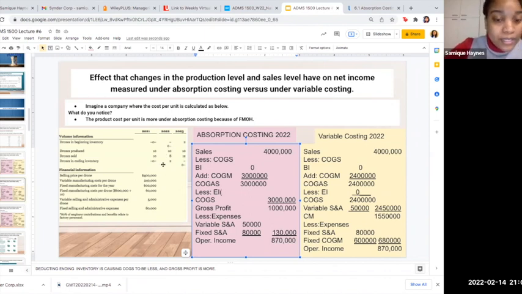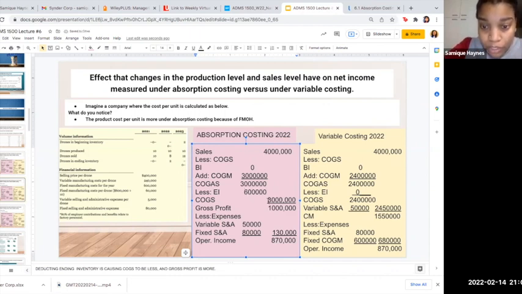So the answer is 300,000 exactly. So 2 times 300,000 is equal to 600,000 in ending inventory. Very good. So we got 600,000 in ending inventory.